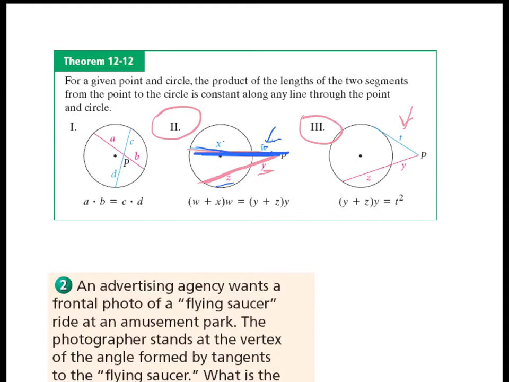There is no inside piece, so the inside plus the outside would be 0 plus t, times the outside piece, which is t, and that equals the same thing, the whole thing, z plus y, times the outside y. So that's the same, but what do you end up with here? You end up with t squared. So basically this isn't like a new formula, but since there is no inside piece, the whole thing is 0 plus the outside piece, so it's just the outside piece times the outside piece, which is t squared in this case. So that is the situation.